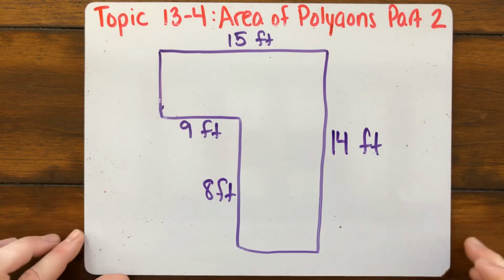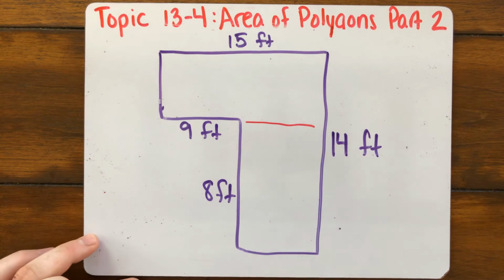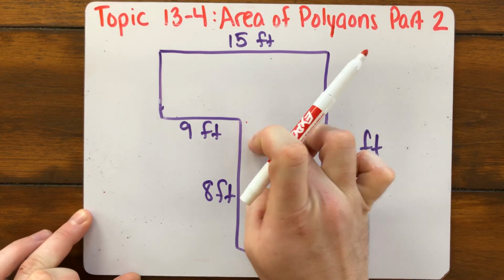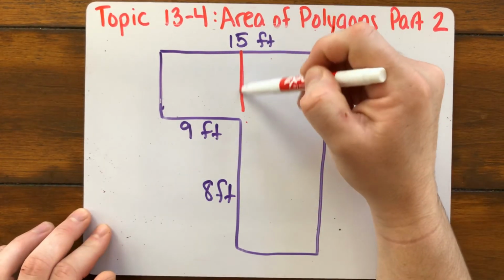All right, so look at this shape right now. How can you split this shape up? So you can split it up like this, okay? Or you can split it up like this. It does not matter, you will get the same exact answer. So let's keep it like this.